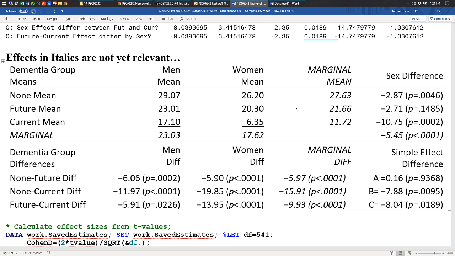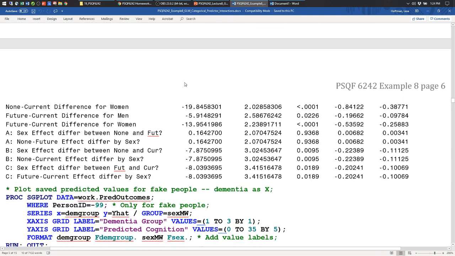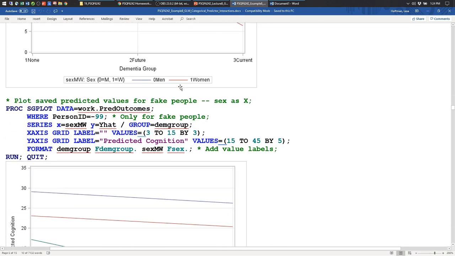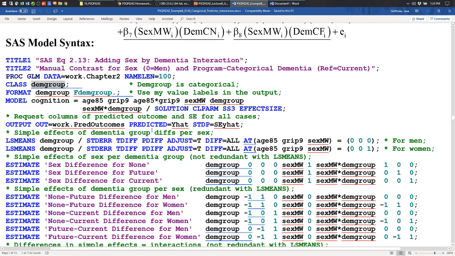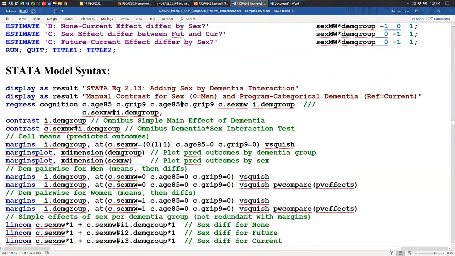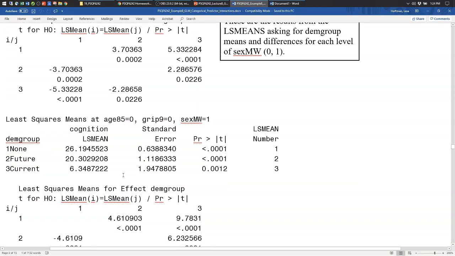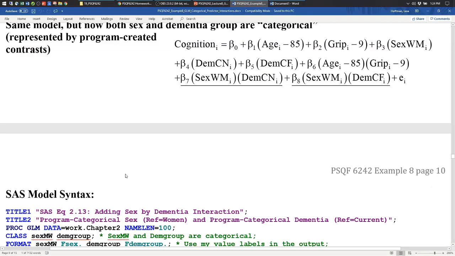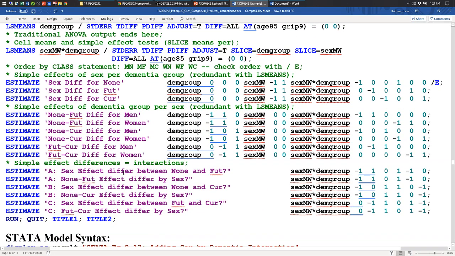You still have to ask for it. So the rest of this handout is showing how the code to do this exact same model would differ. There's some pictures. If I treated dementia group as categorical, such that I had to provide values for each possible level everywhere, and left sex as continuous, versus the very last model, in which sex and dementia group are both treated as categorical, it ends up that most of the default output that you get is useless.